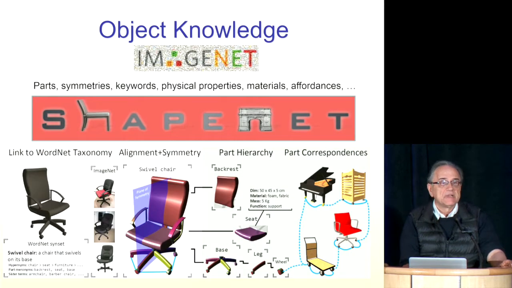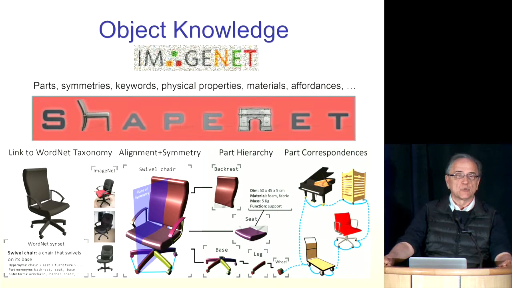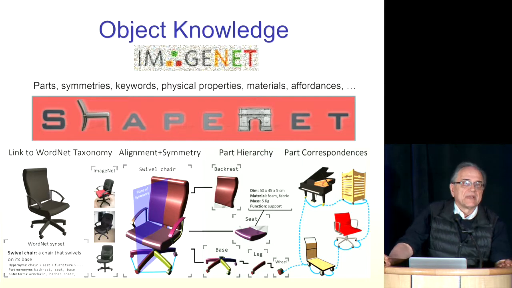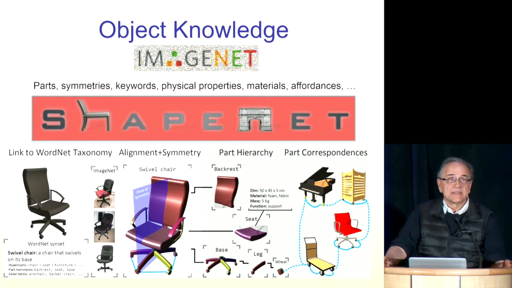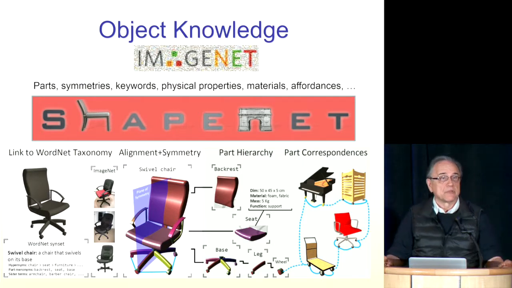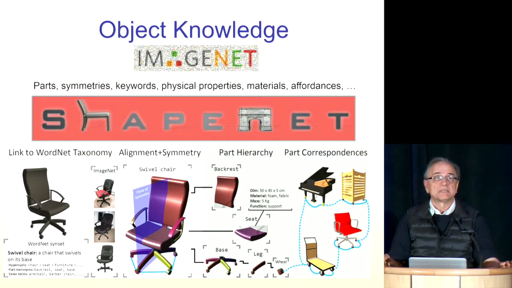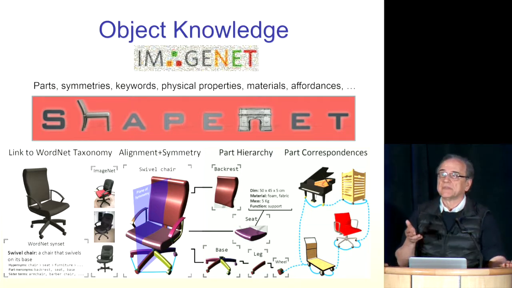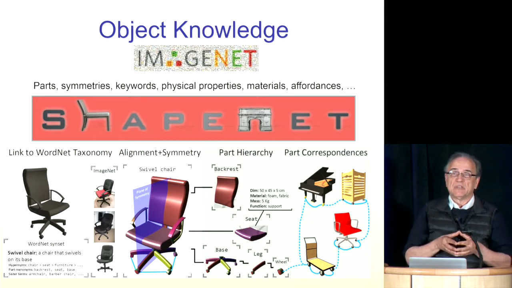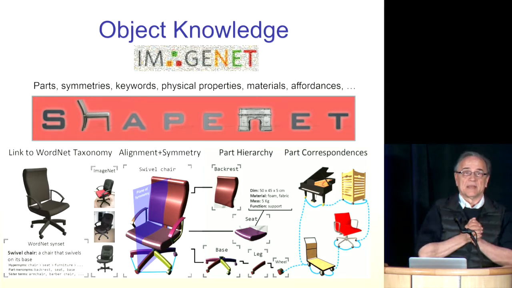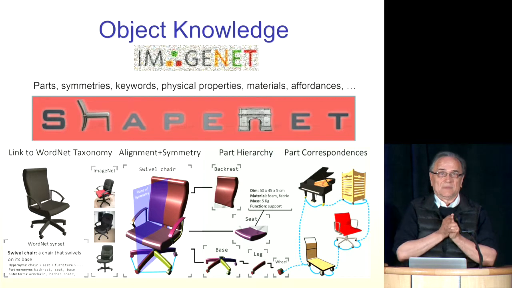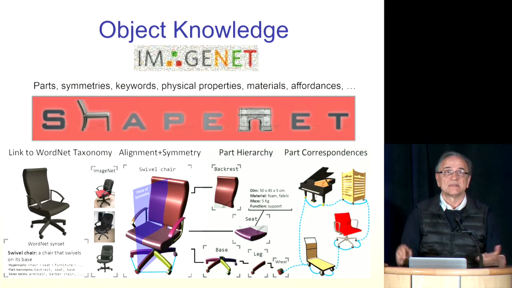And this brings us to one effort we have in my group, ShapeNet, where the idea is to collect lots and lots of 3D data. That's becoming much more possible now with low-end scanners. And not just the geometry, but a lot of knowledge and annotations about this data to have information about symmetries and parts and physical properties like weight and size, and also more and more function.